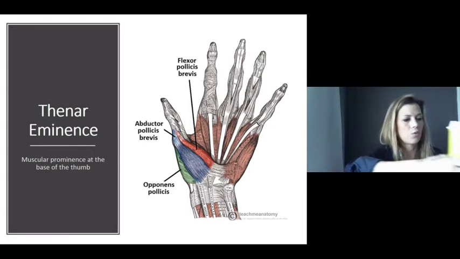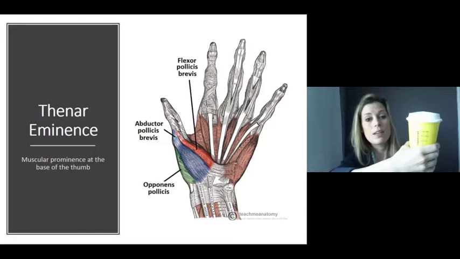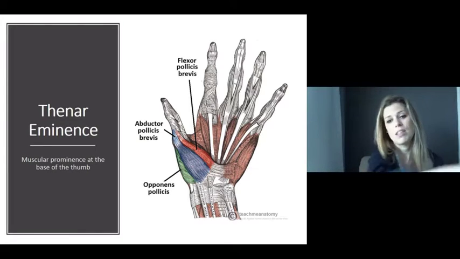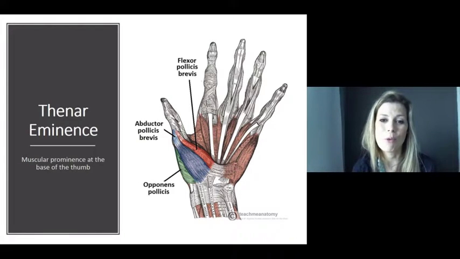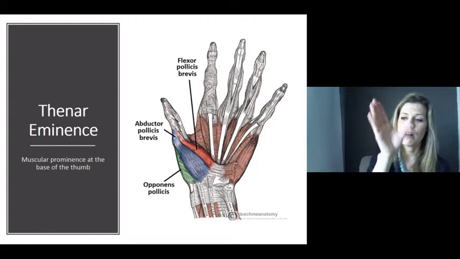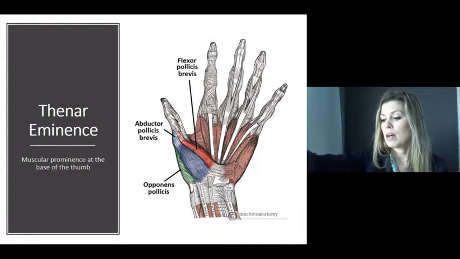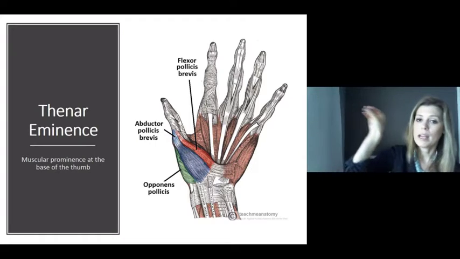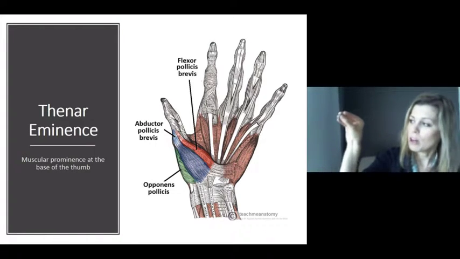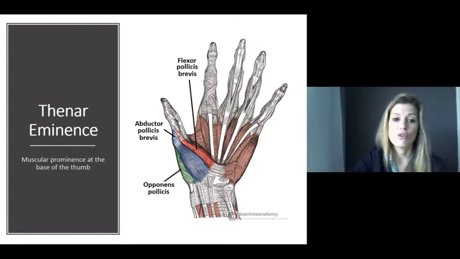If we're going to grasp onto our coffee mug, we need palmar abduction, something that's really essential in the morning time. And also opponens pollicis. Opponens pollicis is bringing that thumb across, opposing, for example, to grasp a coin, holding onto that quarter and opposing that thumb across to the other fingers.